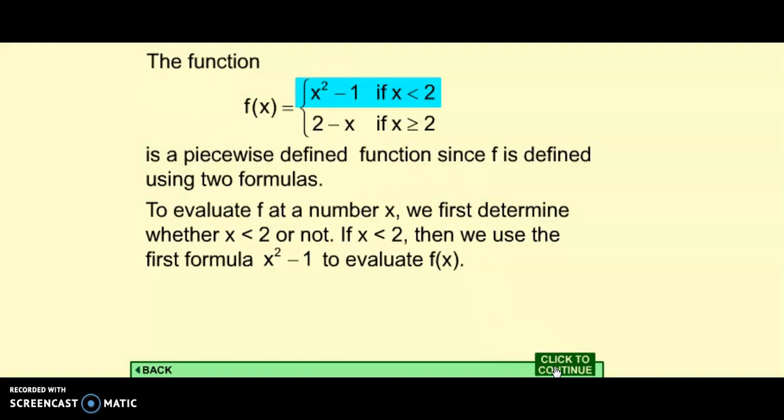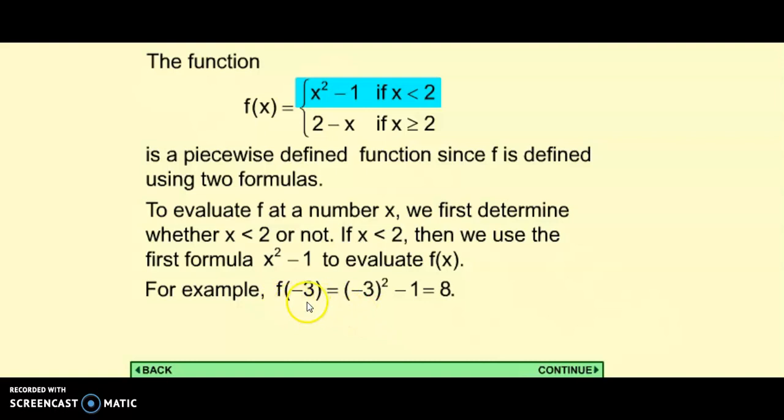If x is less than 2, then we use the first formula, that is x square minus 1, to evaluate the function f of x. For example, if as my input I'm taking x as minus 3, which is a negative number and it is less than 2, so I'll be choosing this formula to evaluate the functional value. So the formula chosen is x square minus 1, which is equal to 8.